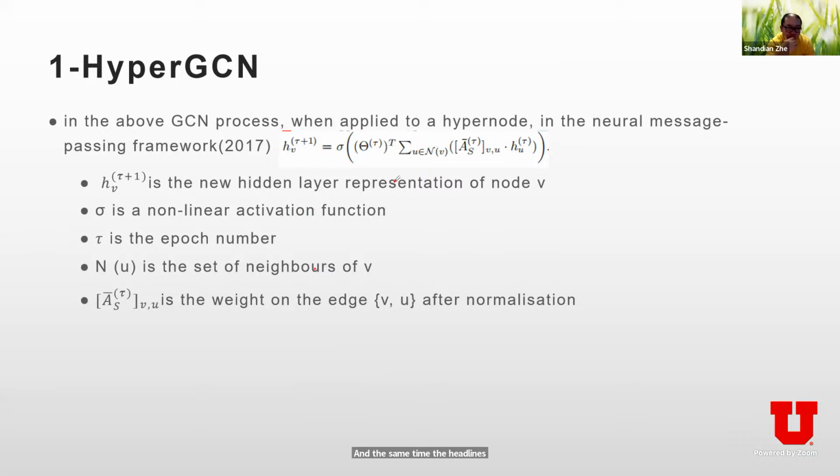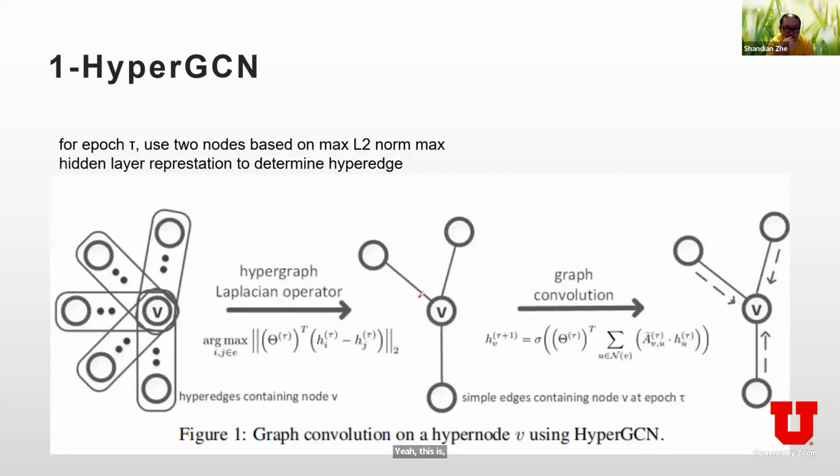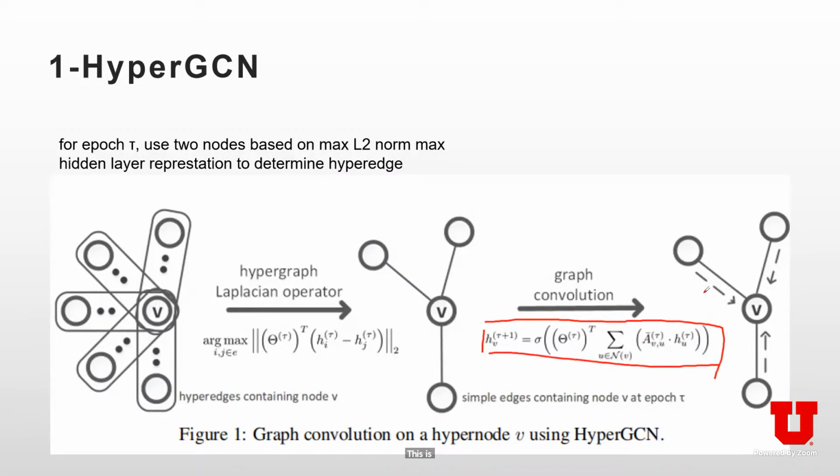Okay, so what's the connection from the previous slides? In the previous slides, you just convert a hypergraph to a normal graph, and then apply this function, which shows the information changing in each node in its hidden unit per epoch.